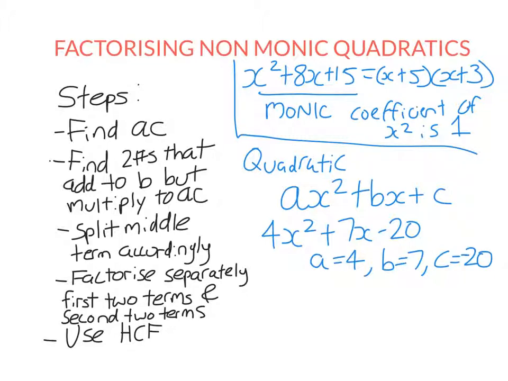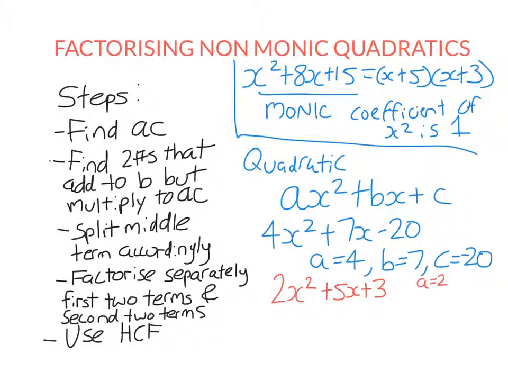So we're going to look at an example of a non-monic quadratic. So another way of saying that a quadratic is non-monic is saying A does not equal 1. So let's try the example 2x squared plus 5x plus 3. Okay? So in this example, it's non-monic because A equals 2.